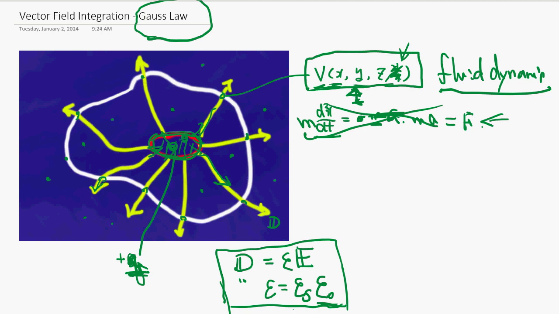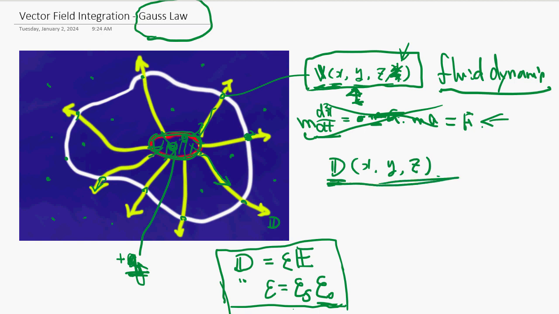So in the same way, D is also defined everywhere. You take this point, how much D is going. D is like a vector, just like a velocity vector, right? And the vector is all over in the field, a vector field.